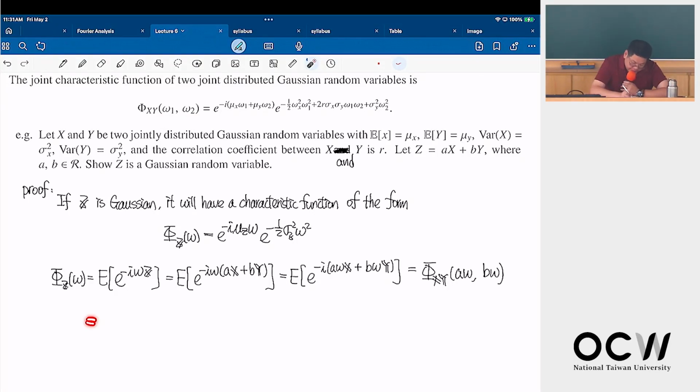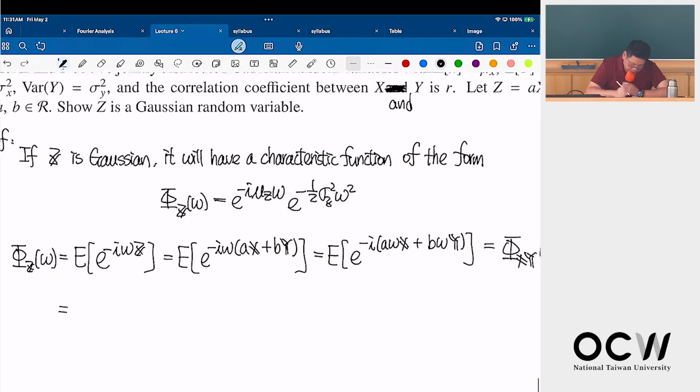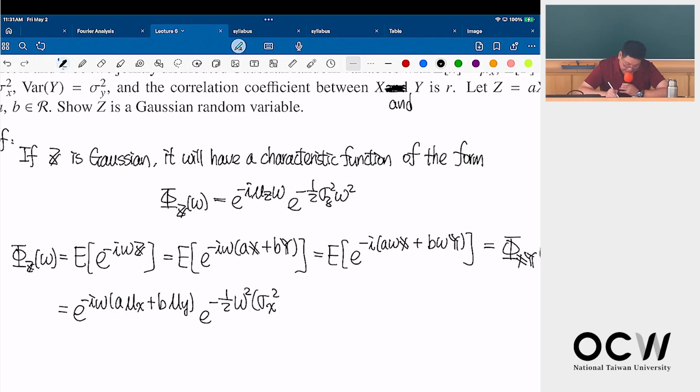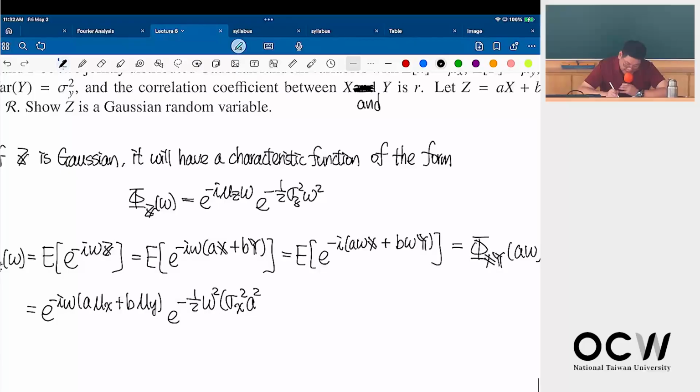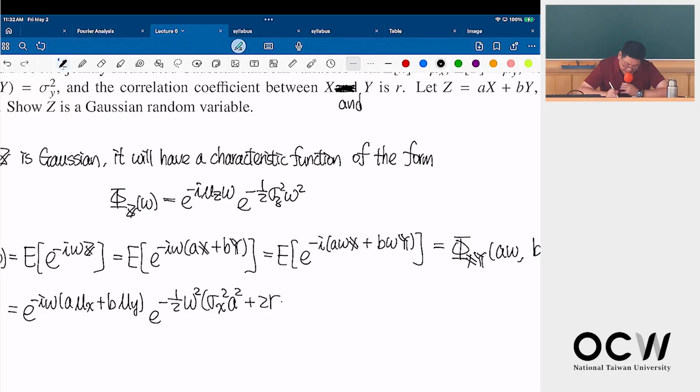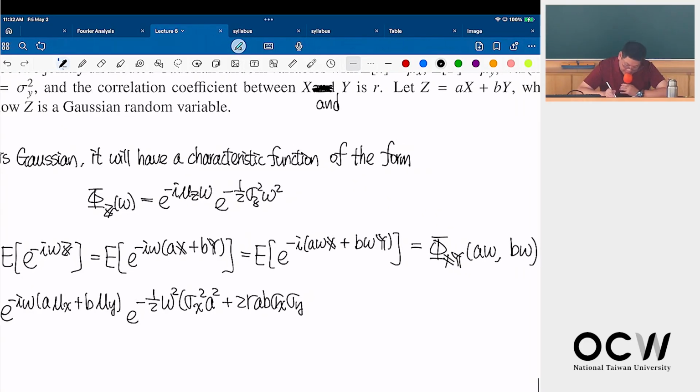We have exponential of minus i omega times A mu X plus B mu Y, times exponential of minus 1/2 omega squared times sigma X squared A squared, plus 2 times the correlation coefficient A B sigma X sigma Y, plus sigma Y squared B squared.